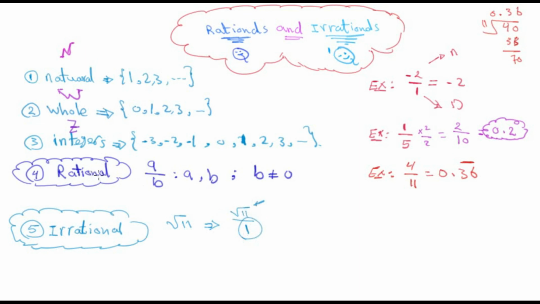So it is not a rational number, because if I want to write any number as a fraction to make it a rational number, I must use integers in the numerator and also integers in the denominator. You can see the irrational numbers contain numbers like square roots and like pi.